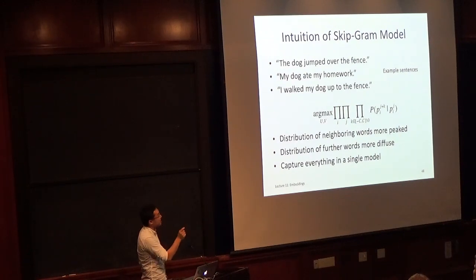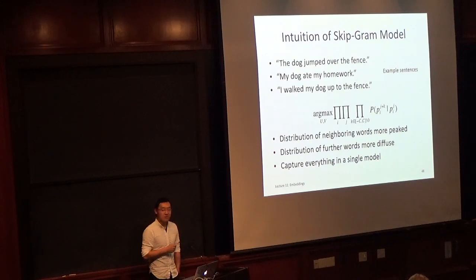Maybe not right next to each other, but they seem to appear close to each other. And so the skip-gram model allows us to capture that. And most importantly, it allows us to capture all of it in a single model. So we learn a single embedding that tries to simultaneously predict every word in this neighborhood.